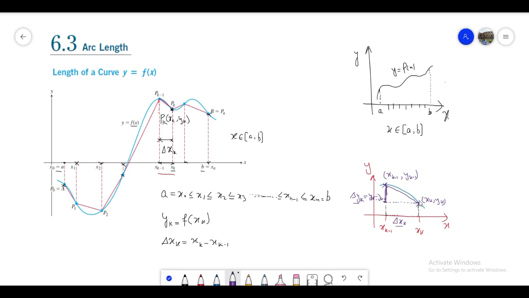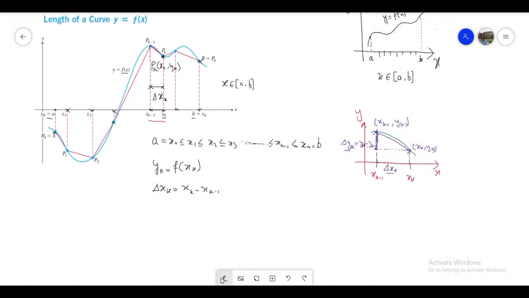You directly have the points, so you can compute it as the final point minus the initial point. We can write explicitly, as we already did, delta xk, which is xk minus xk minus 1. Now for delta yk, from here to here, delta yk is yk minus yk minus 1.